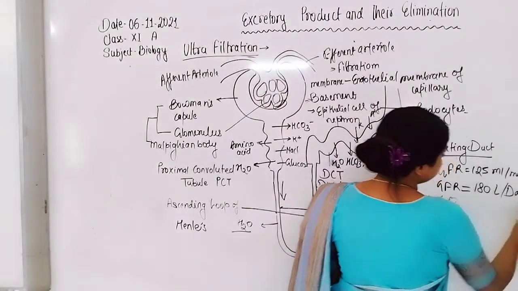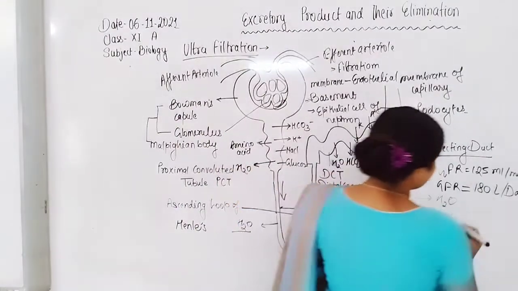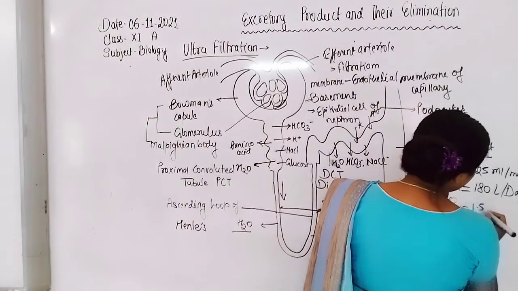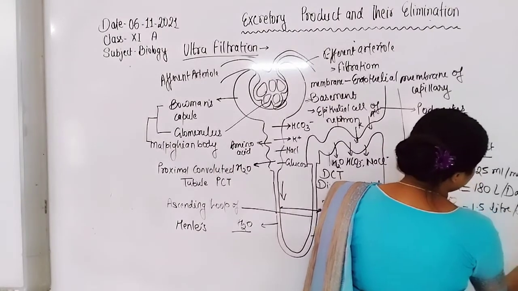180 liters per day of filtration is done, but the formation of urine is only about 1.5 liters per day.